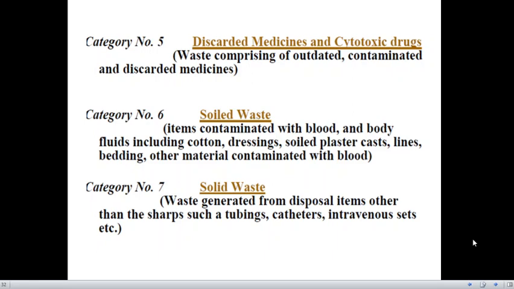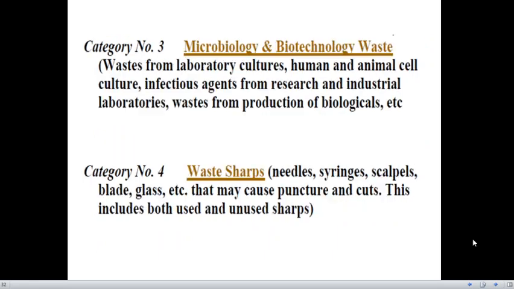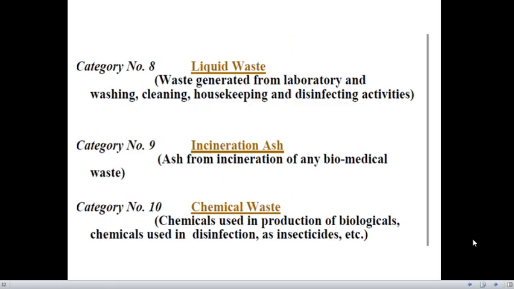Coming to solid waste, we have number 7. We have waste generated from disposable items other than sharps, such as tubings, catheters, intravenous sets, etc. Now number 8 is liquid waste. Waste that is generated from laboratory, washing, cleaning, housekeeping and disinfecting activities.